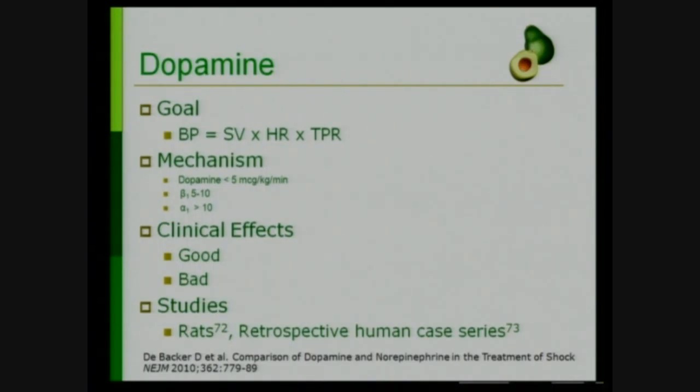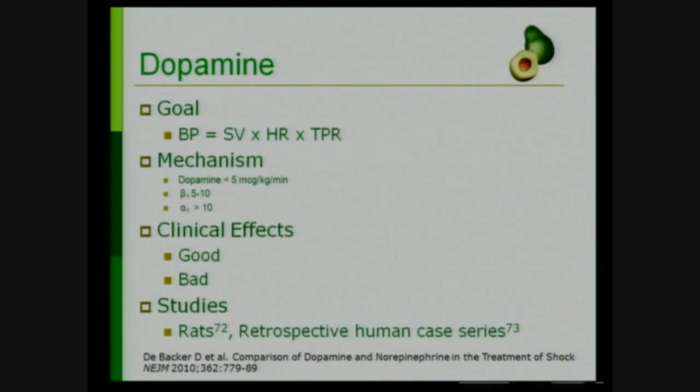One study I think is definitely worth reading, the New England Journal just published this, 2010, I think a few weeks ago. This was a randomized blinded study done in Europe, I'm not sure which country, and they compared dopamine and norepinephrine in just patients with shock, anybody with shock. They were blinded to the therapy, and in the end they found that it didn't really matter.